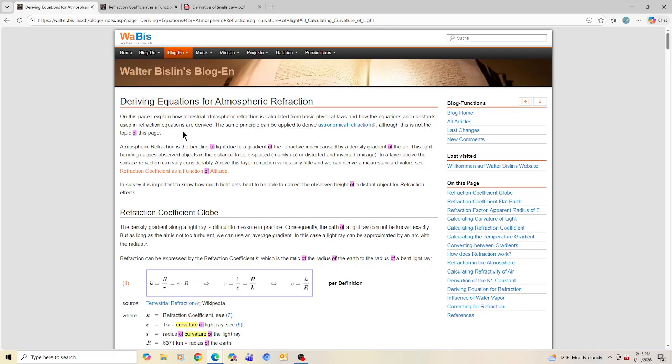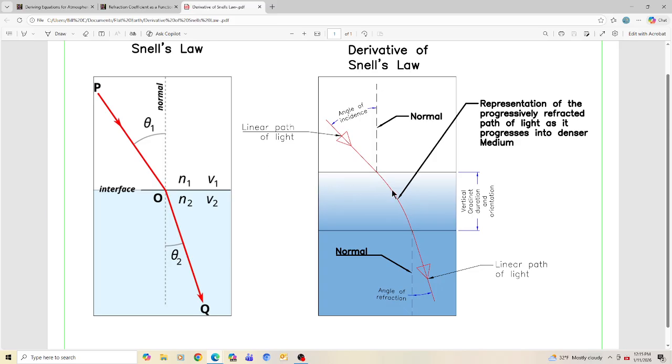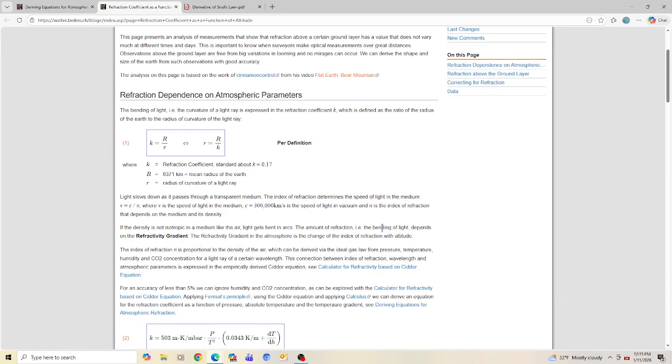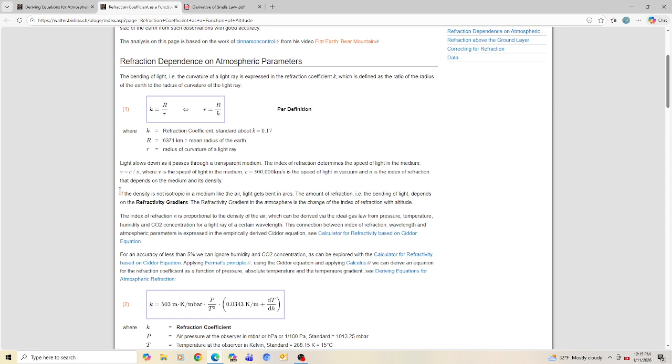So while this individual claims to be deriving equations for terrestrial refraction, all of the methods of calculating are contingent on light that is moving downward through the vertical gradient. And again, getting back to some other things that we just read here: if the density is not isotropic in a medium like air, light gets bent in arcs.